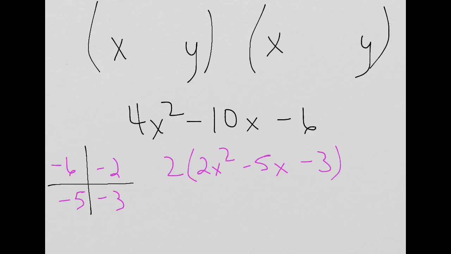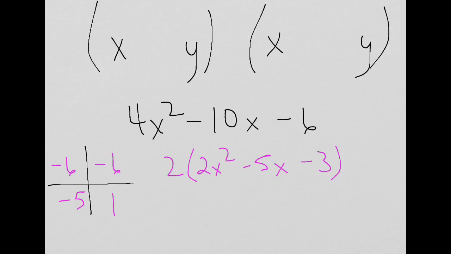Positive 6, so that doesn't work. I can't use those two. Well, negative 5 and 1, you're close. It's negative 6 and 1, because negative 6 times 1 is negative 6, and negative 6 plus 1 is negative 5. So that's the two numbers I want.